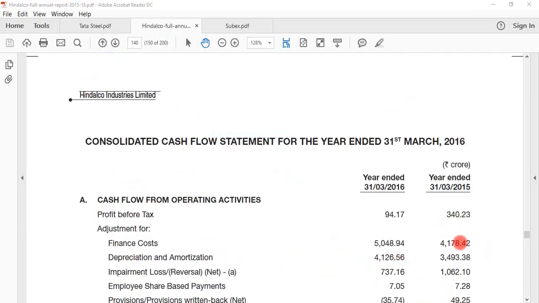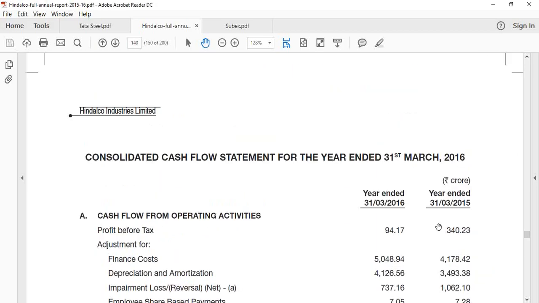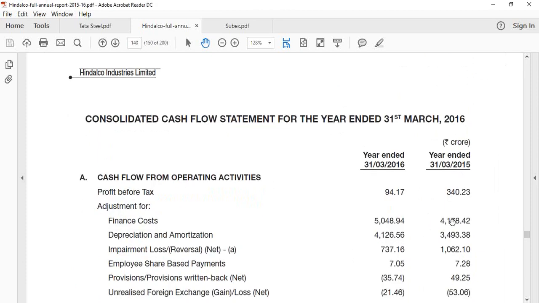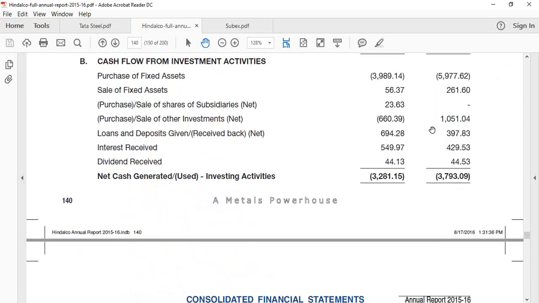Remember this 4178 was the finance cost on the previous page for Hindalco. You see this 4178 here. You are essentially adding this 4178 back, and then you will subtract it from your effective number, which is going to be your financing cash flow.